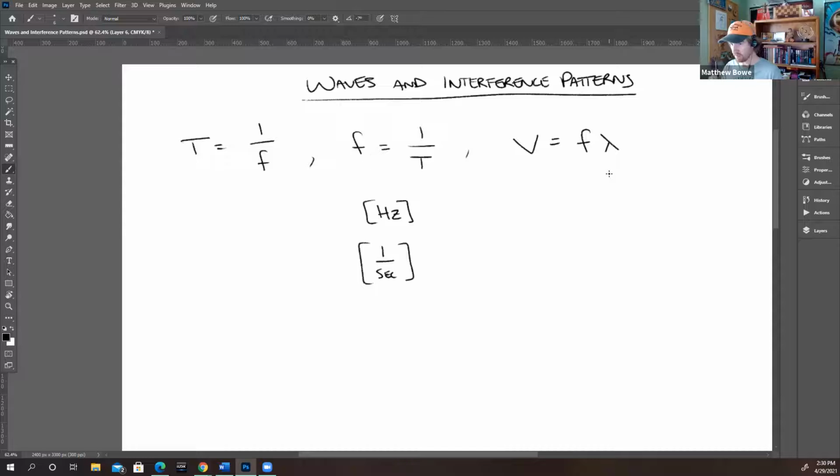So a wave in water, a sound wave through air, or even a light wave or electromagnetic wave traveling through space. So the velocity, frequency, wavelength.